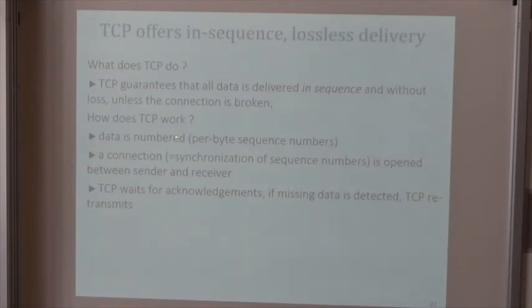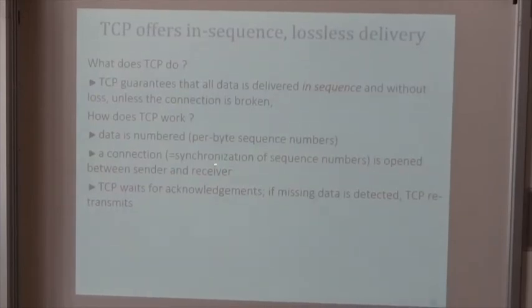How does TCP work? Well, it's essentially very simple. You put a number in every TCP packet, called a segment. And then you check whether the packets are received without gaps in the numbering. For this, you use acknowledgement.